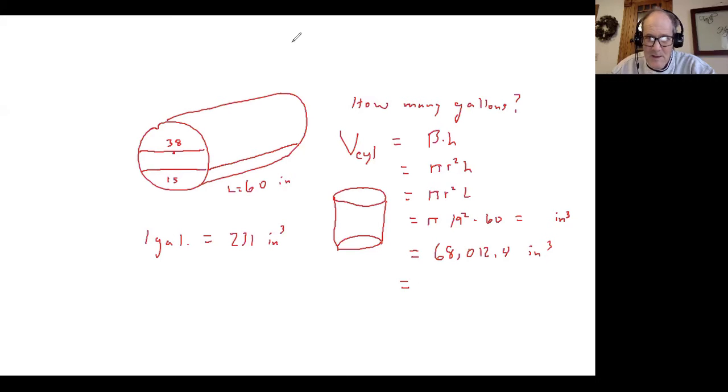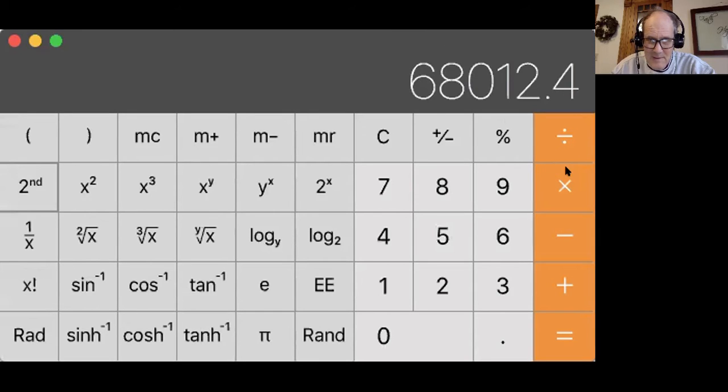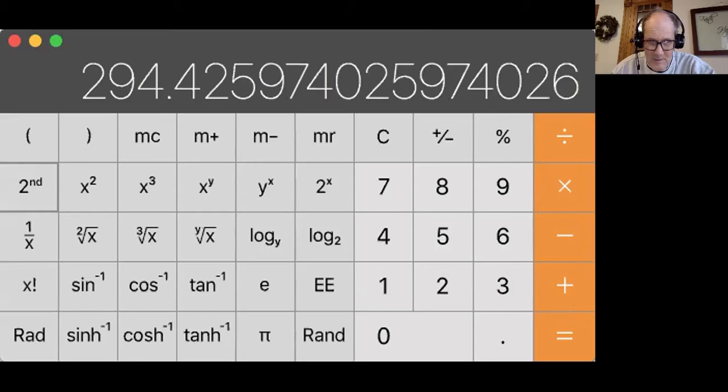So then we go back to our calculator and divide our 68,012 cubic inches by 231, and we get 294.4, we'll say.